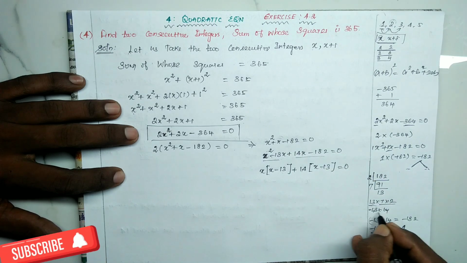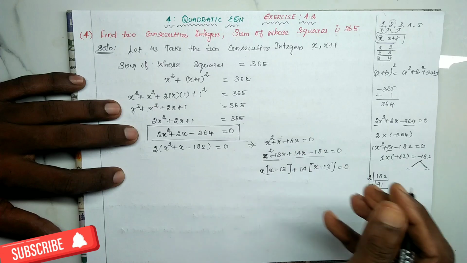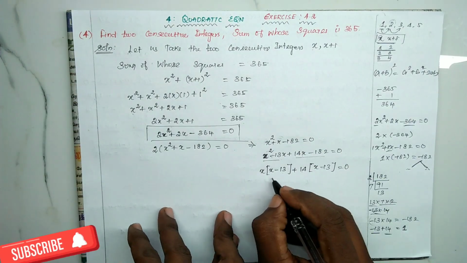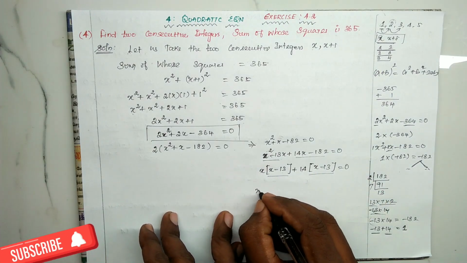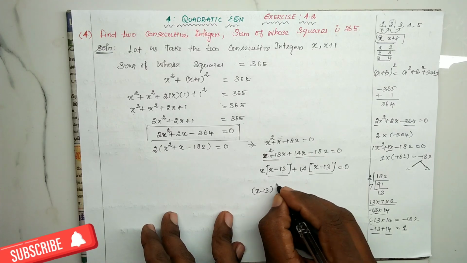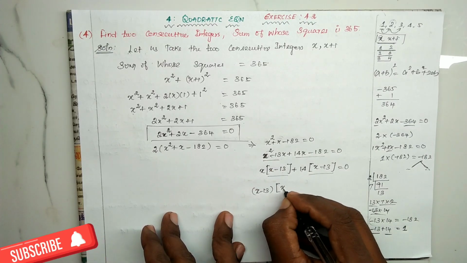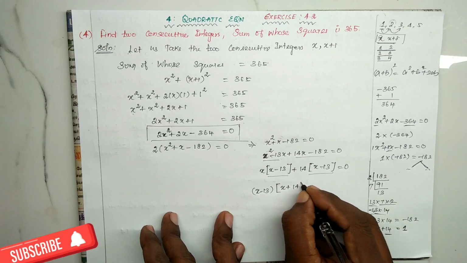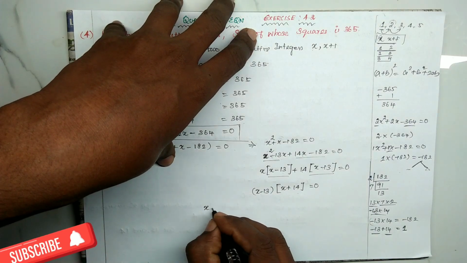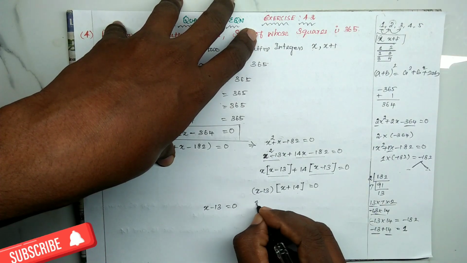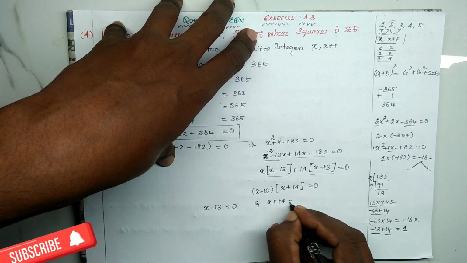We already know 14 into 13 is 182. For 182 only we already found the factors. Now the same term is there, so we take x minus 13 outside. The remaining things are x and plus 14. Now finally we equate this to 0. So x minus 13 is equal to 0 and x plus 14 is equal to 0.